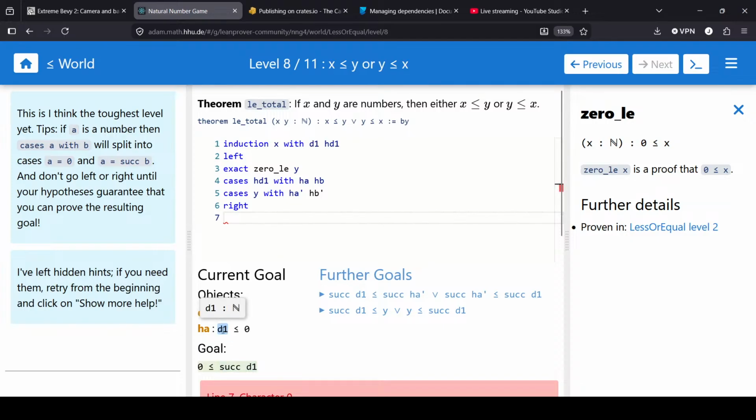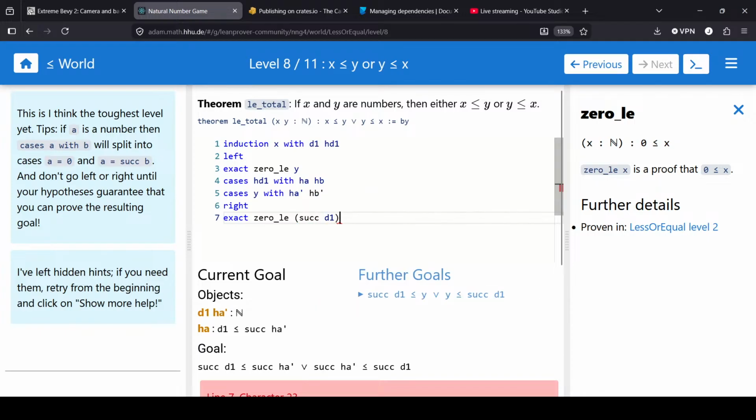We don't need HA in this case, right? Because I can just exact 0 LE and then give it suck D1. Okay, yeah, no. So that's fine. I can do that. Sure.